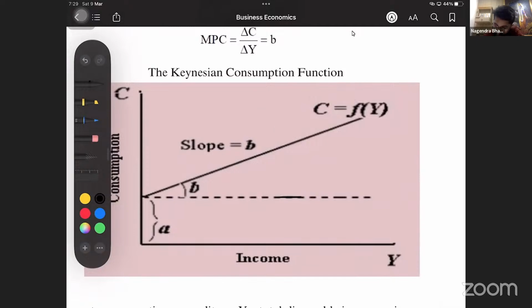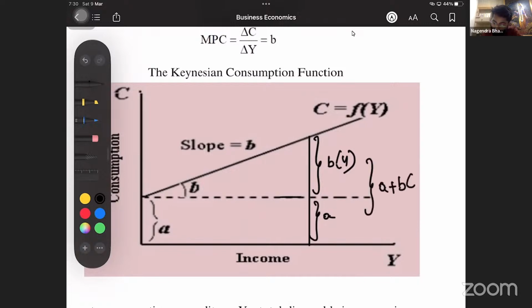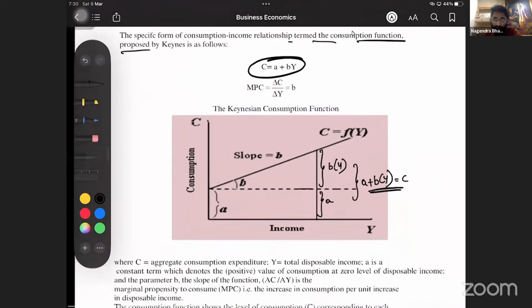In this case, this is A. If there is one straight line here, this is A. And what is this, sir? This is BY. B is nothing but marginal propensity to consume. Y is nothing but income. B into Y, answer A plus BY. A plus BY, it is C. Consumption is equal to A plus BY. I hope this is clear.